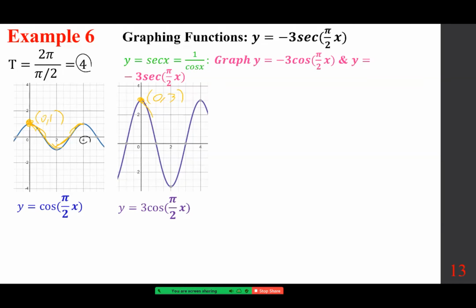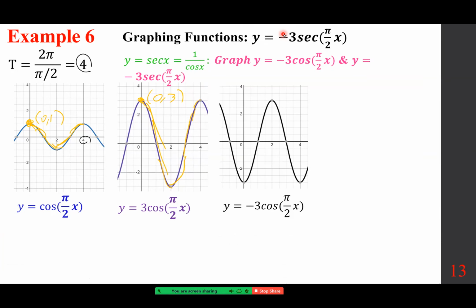And again, this is 1 complete cycle. Now we're going to flip this over. Why? Because we want to go with the negative sign. Flip this over. So the same thing, flip it over, goes like that. Minus 3 cosine of pi over 2 x.